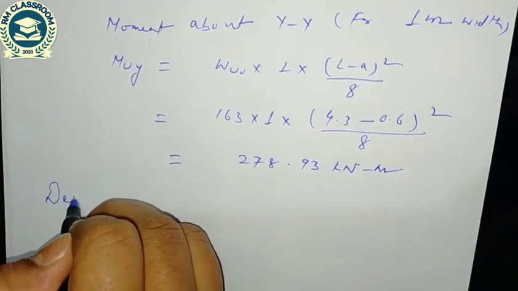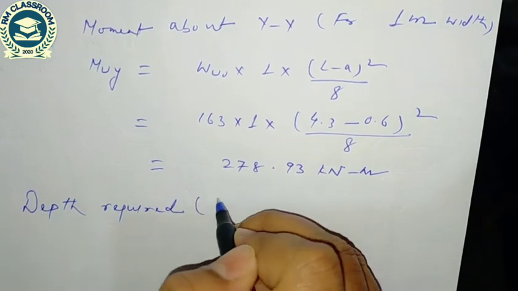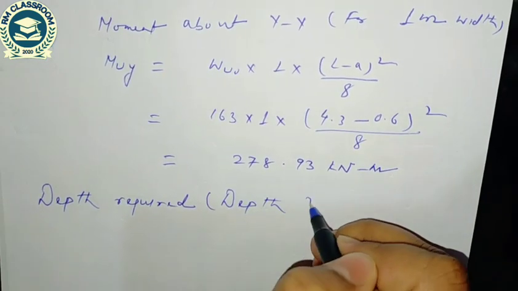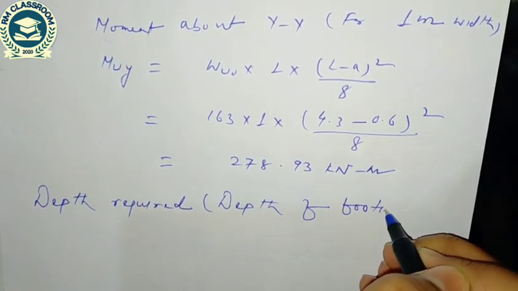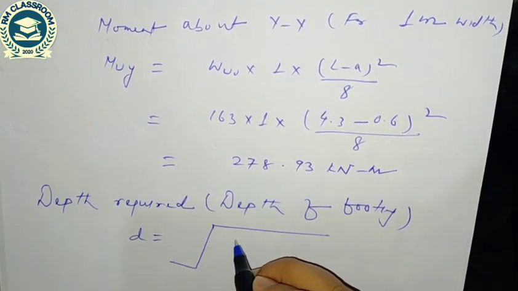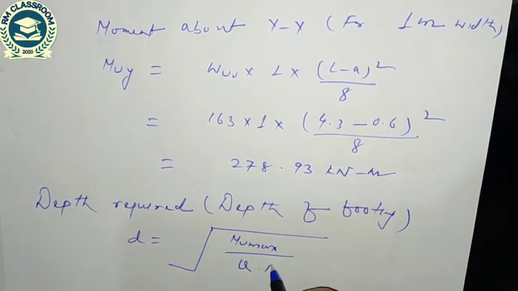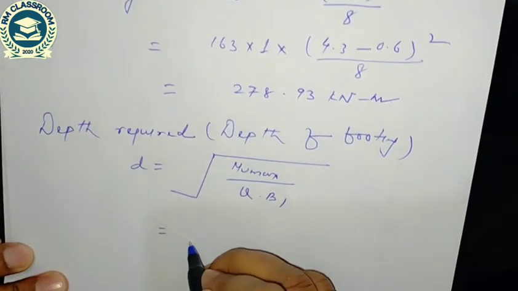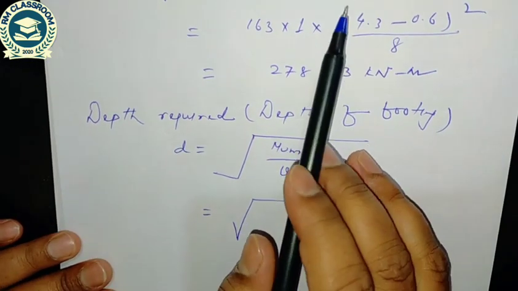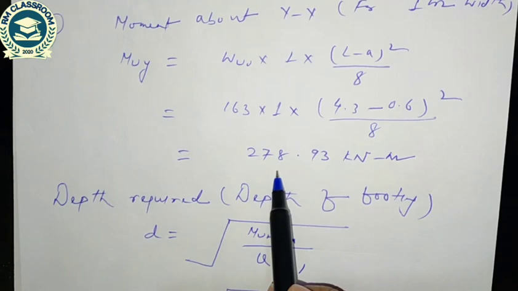Depth required, or depth of footing D, can be computed as maximum bending moment divided by Q into B1. So the maximum bending moment, in XX direction it is coming 148.53 and in YY direction it is coming 278.93.